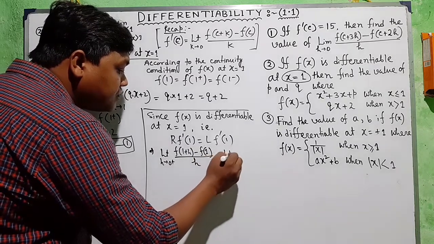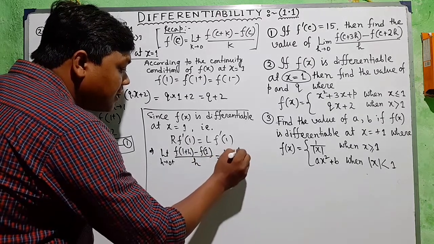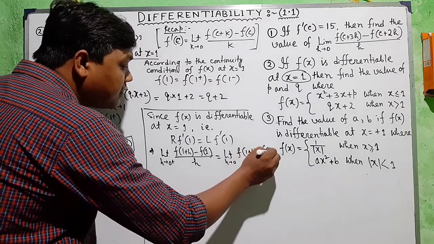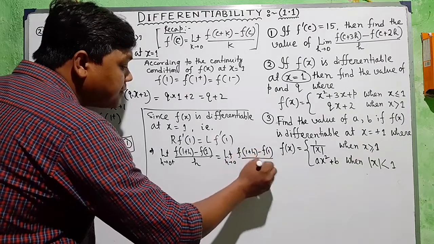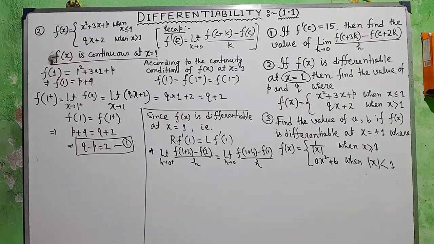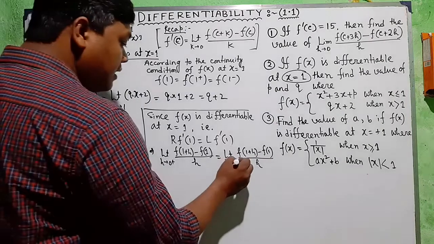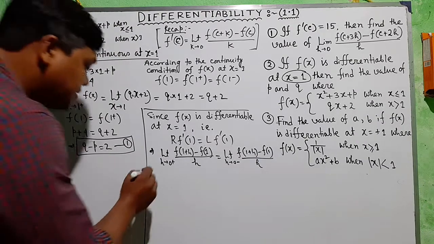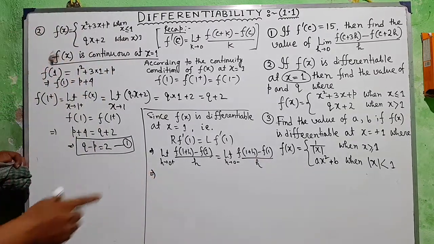And limit h tends to 0 minus (f(1 plus h) minus f(1)) by h. Okay, 0 minus. Clear? So h tends to 0 minus and 0 plus.